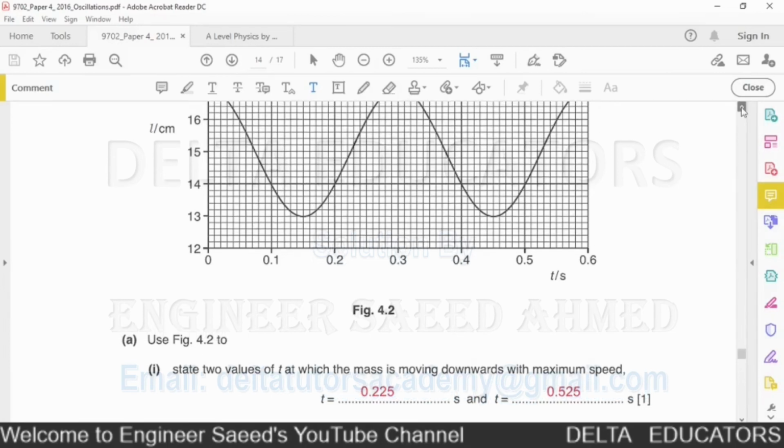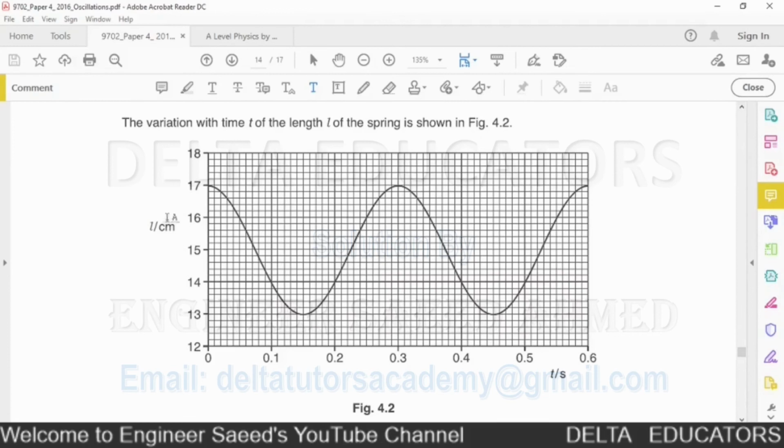Now first we check where the mean position is. It is 17, it is 13. So the mean position will be in between 17 and 13. 15 will be our mean position. Now the velocity will be maximum either at this point, or at this point, or at this point.